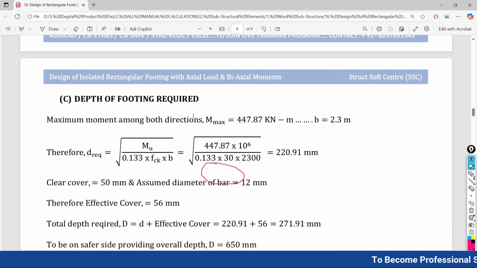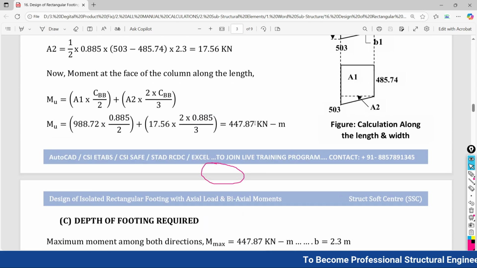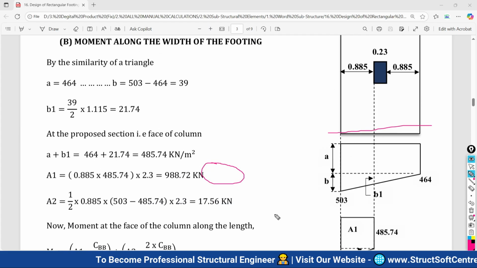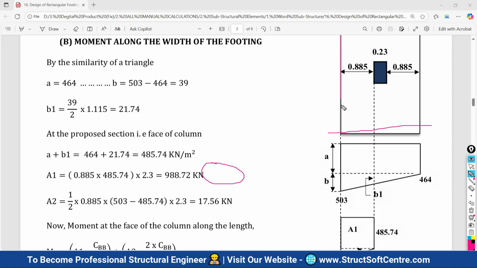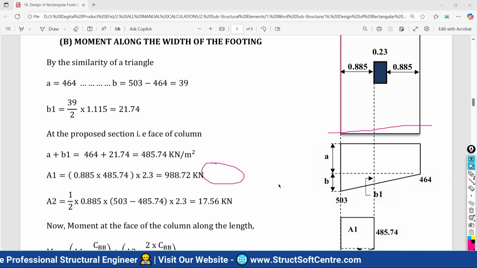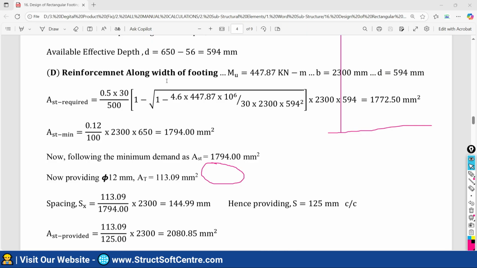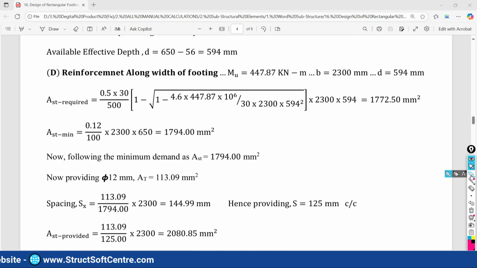We have taken the moment along the width as 447.87, and this length is to be considered, the cross length. So while doing the reinforcement along the width of the footing, I am going to put the moment as 447.87 kilonewton meter, cross width 2300 mm, and effective depth 594 mm.